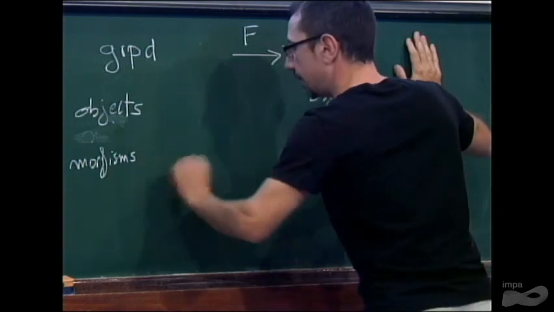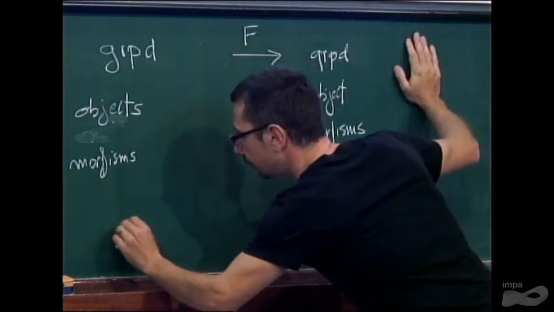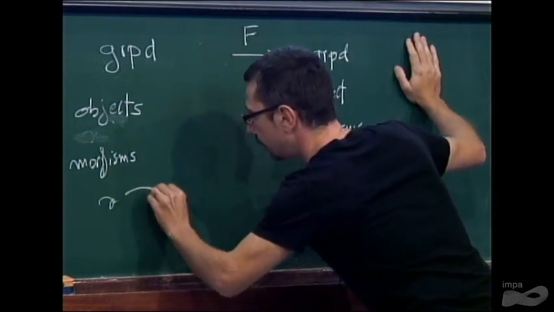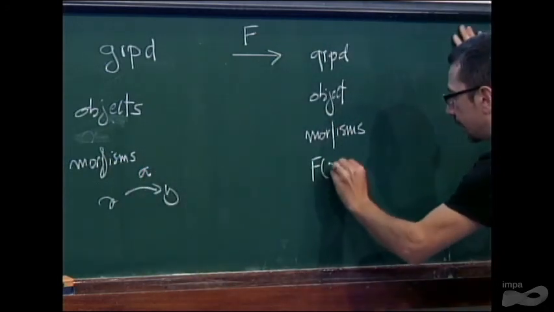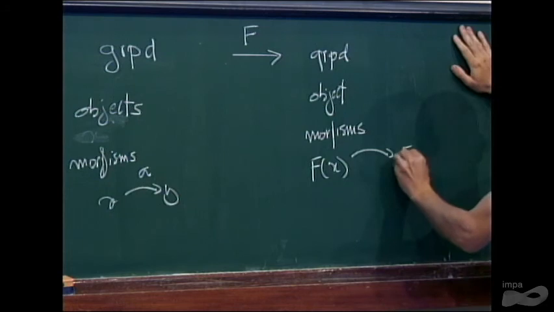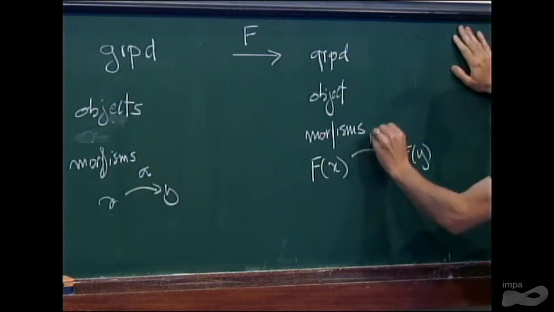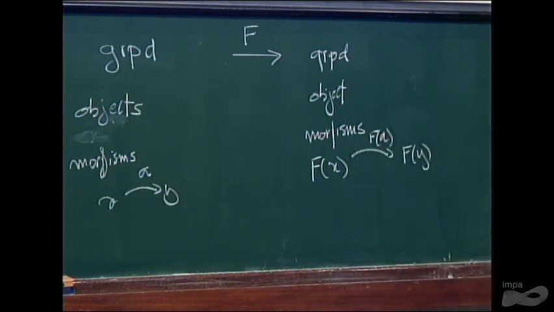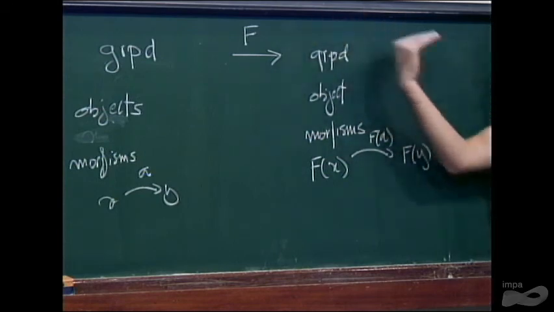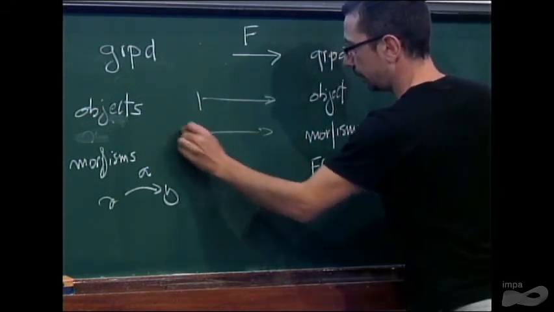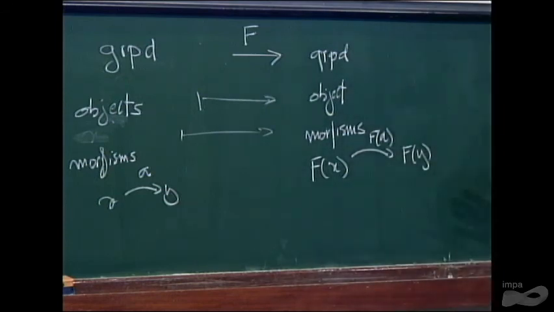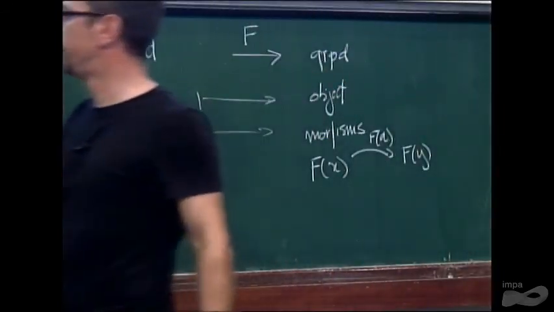And the picture is that if you have an arrow from x to y, your functor will spit out an arrow from f of x to f of y. So that's a usual functor between two groupoids or two categories. Now, what is a two-functor?